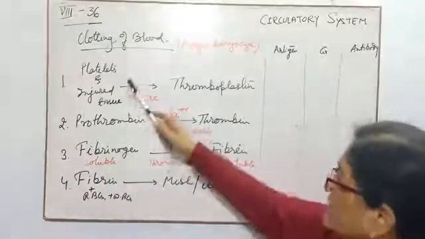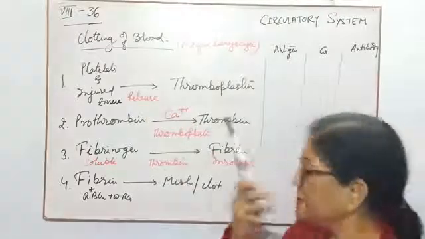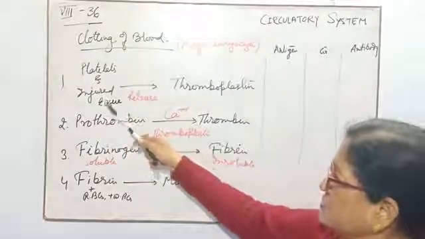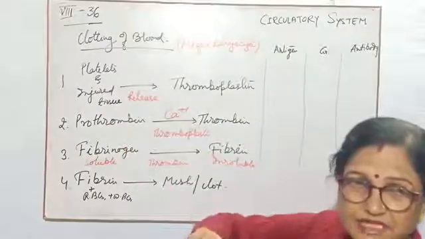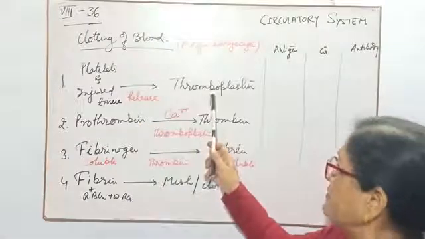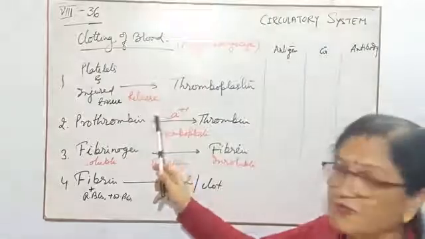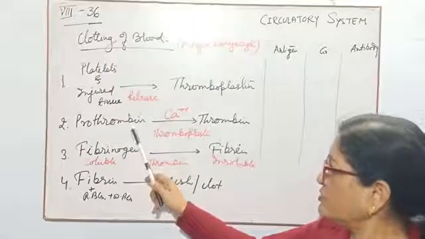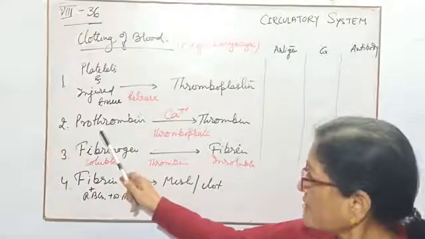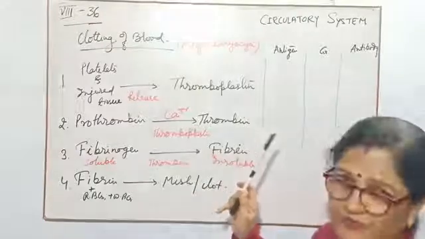So these are the 4 steps in the clotting of blood. Children, I am repeating here. First, at the place of injury, the injured tissue and the platelets secrete one enzyme, thromboplastin. Thromboplastin along with the calcium ion changes prothrombin into thrombin. Prothrombin is inactive and thrombin is the active form.